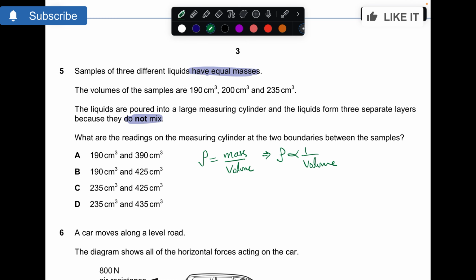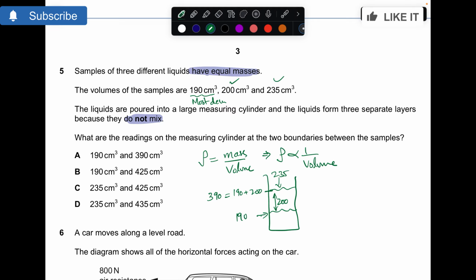If you see, the lowest volume will have the highest density. This is the most dense, then this, and then this. So if I make a beaker, there will be a liquid up to the 190 reading, then from this point to this point it will be 200, but the reading there will be 190 plus 200, that equals 390, and then there will be another liquid above it, that is 235.